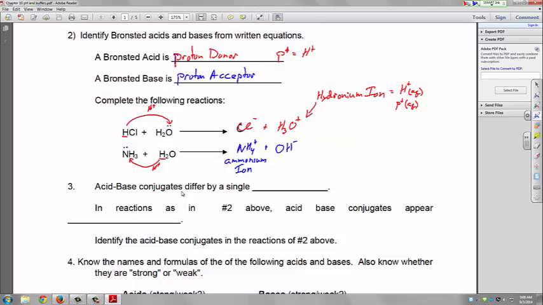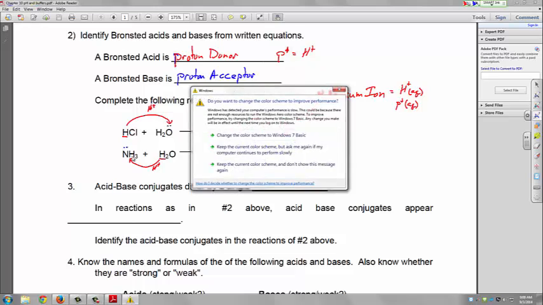So here we're using HCl as a Bronsted acid, but clearly it's also an Arrhenius acid, except that instead of producing hydrogen ions, we say it produces this hydronium ion. Again, the hydronium ion really is functionally equivalent to a hydrogen ion that's dissolved in water.